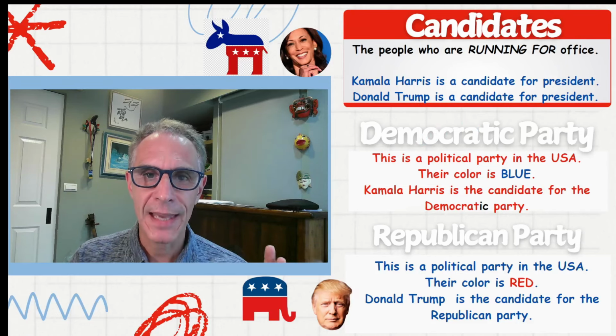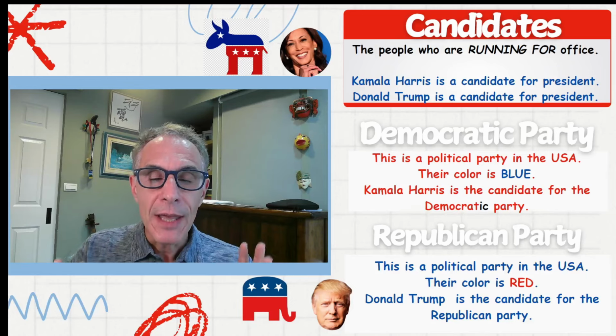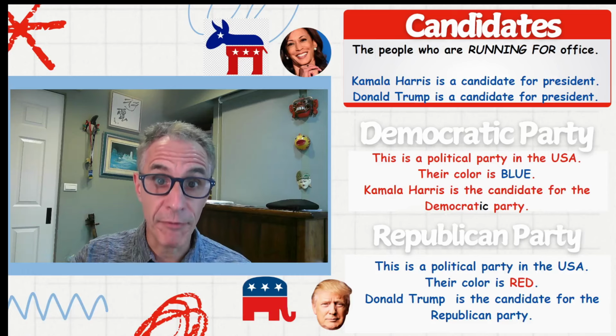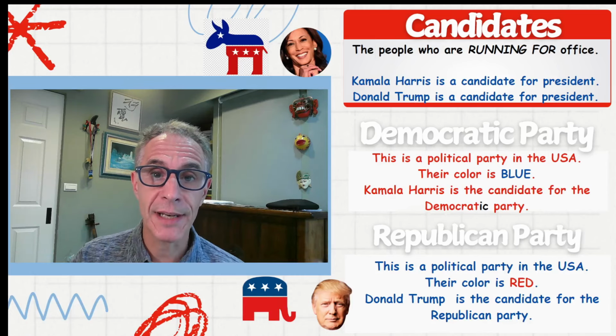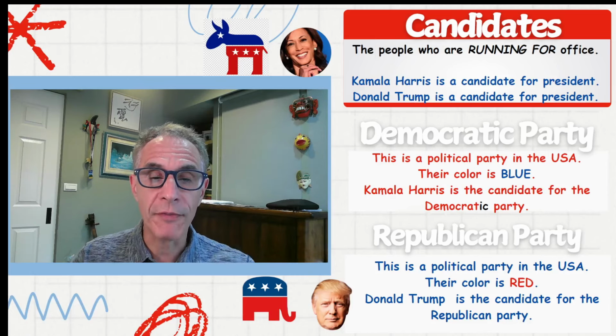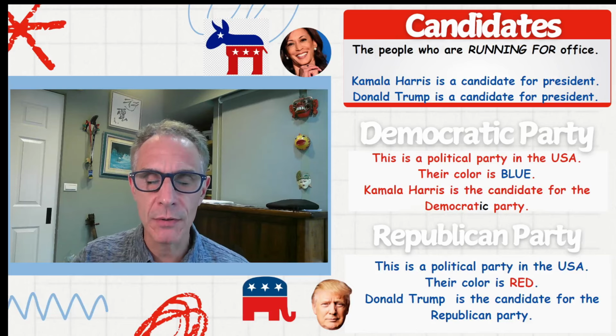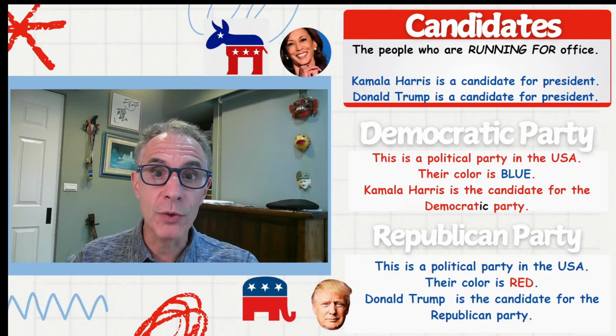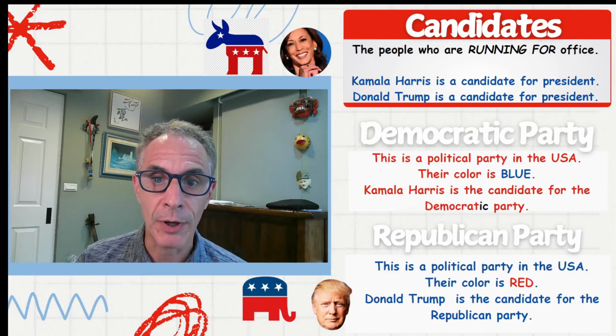Candidates. Now, the candidates are the people who are running for the presidential office or running for the job. And you can use the term running for, okay? They're not really running, but they're trying to win and get that job, all right?